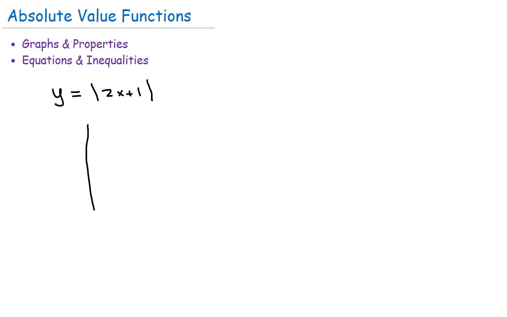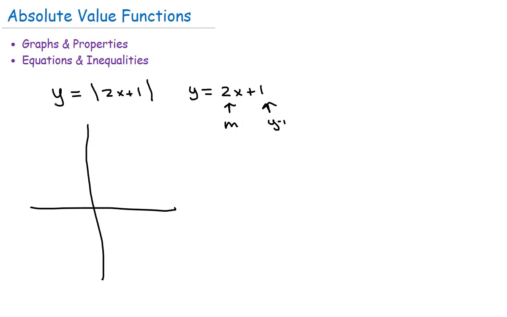But what I want to do is use the fact that we know about the linear functions, and we can say that we'll consider y equals 2x plus 1 without absolute value bars. So this one is a line with a slope of 2, so that's our m, and then this would be our y-intercept of 1, and so we're going to graph this line and then consider putting absolute value bars.